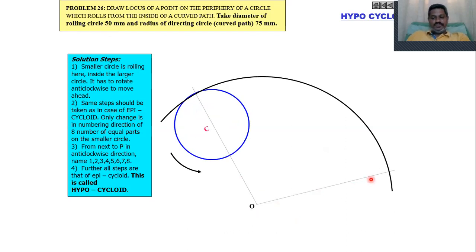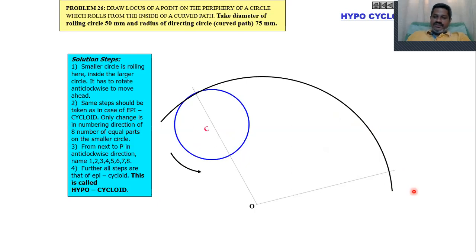Theta is equal to small r by capital R into 360 degrees. This gives us how much angle this generating circle needs to rotate, needs to move along the curved path. So theta gives us that angle.